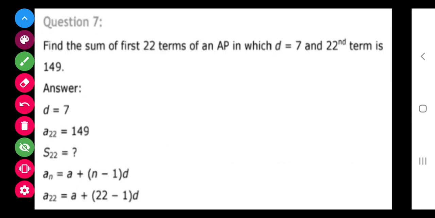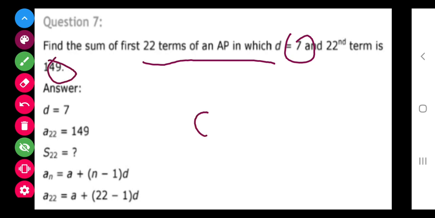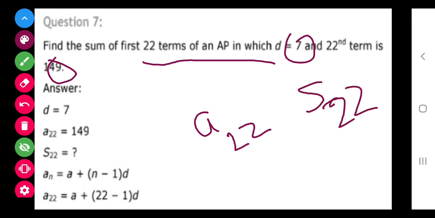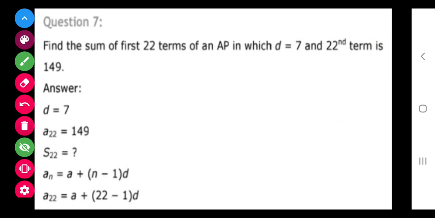Now class, next, the sum of first 22 terms of an AP. We have to get the sum of the first 22 terms. In this you can see that d is given, the 22nd term is given, meaning a22 is given, and we have to get S22. The 22nd term and the sum of 22 terms are two different things. So you will see what is d and what is a22.